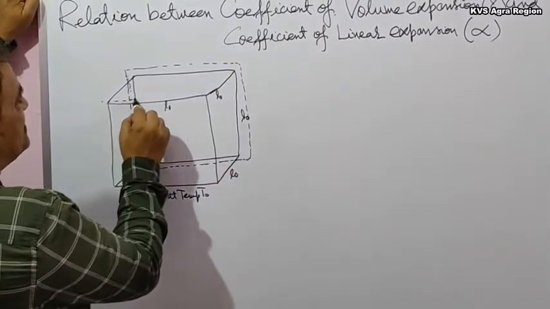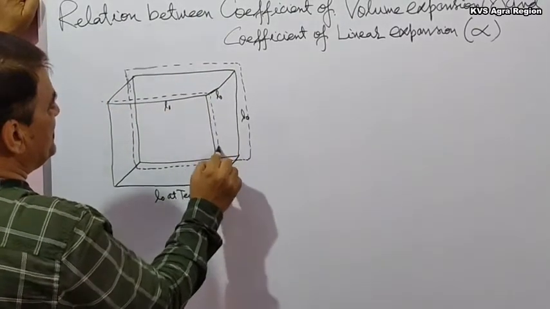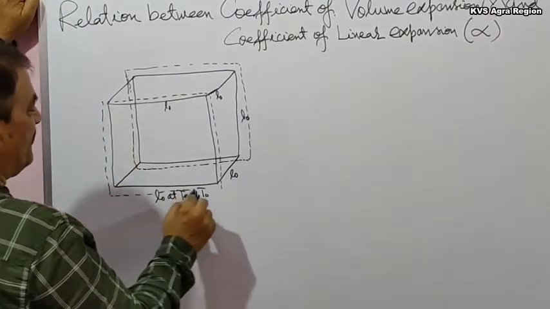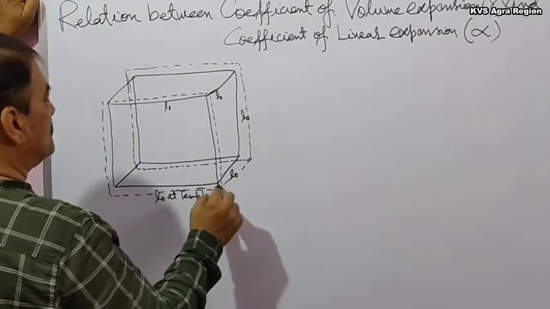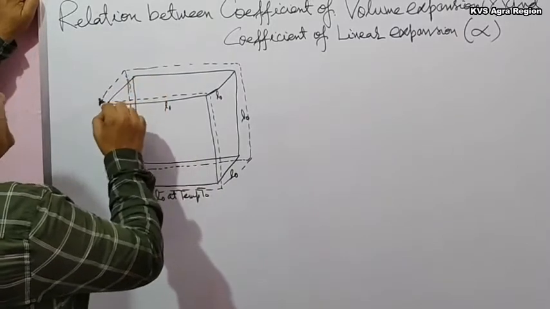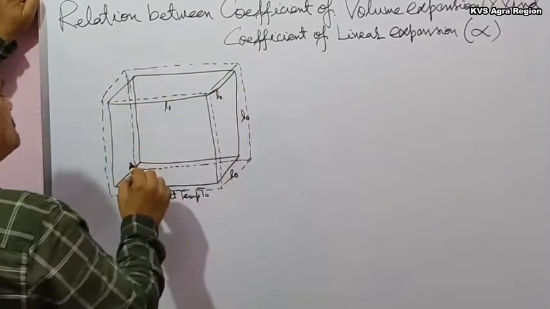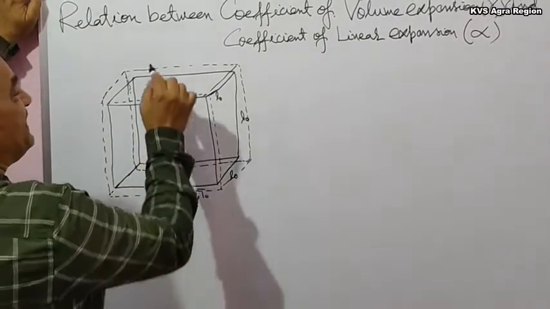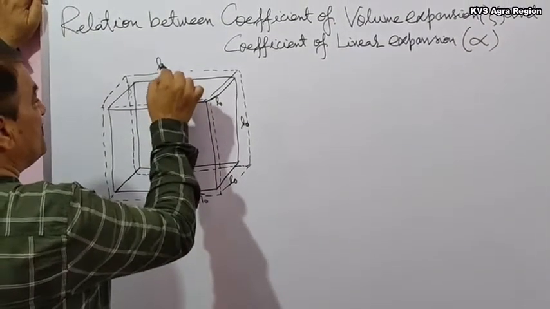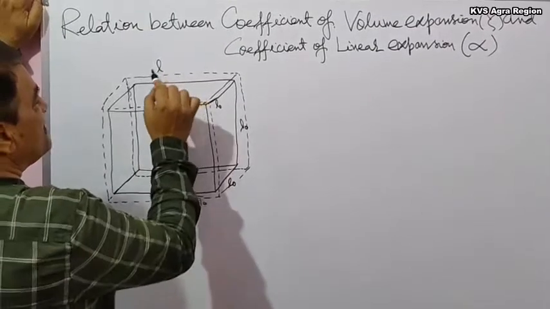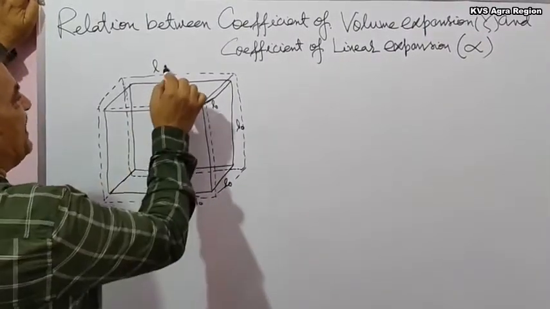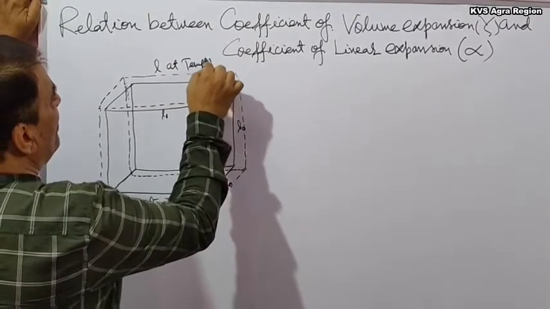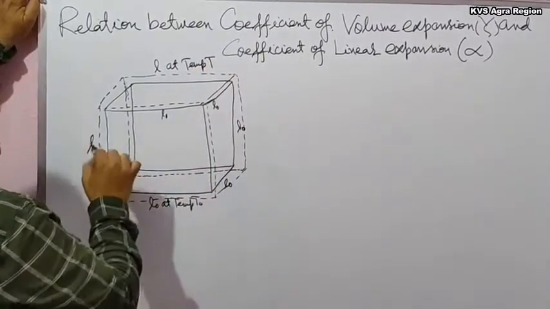Let each side, when it is heated, become L. So the cube that had sides of L0, each side now becomes of length L at temperature T.